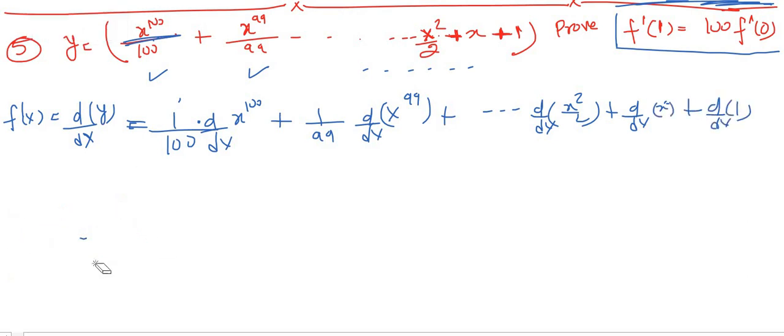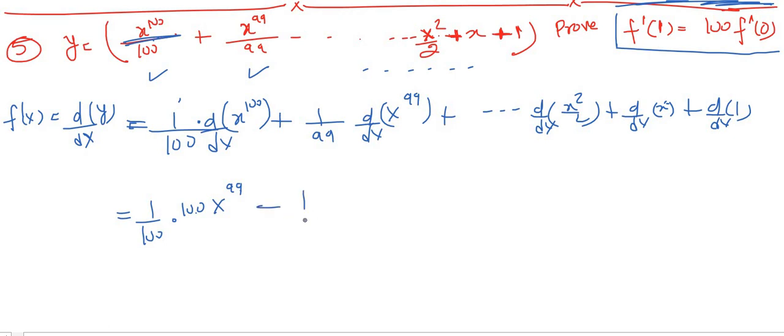So what we can do is: 1 by 100 into its derivative, which is 100 into x raised to power 99, because n is 100 here, so by formula n x raised to power 100 minus 1.